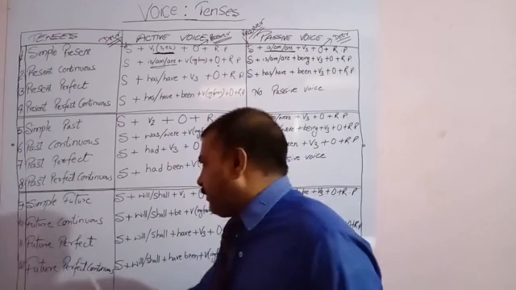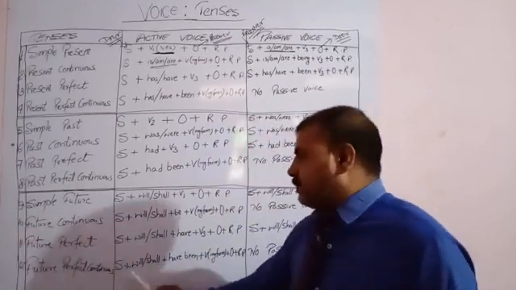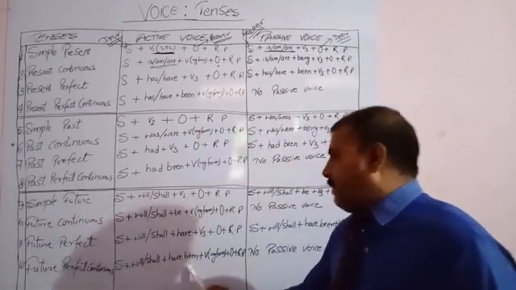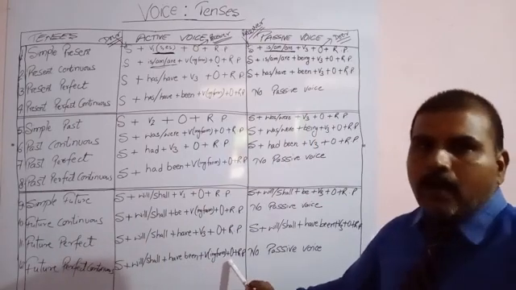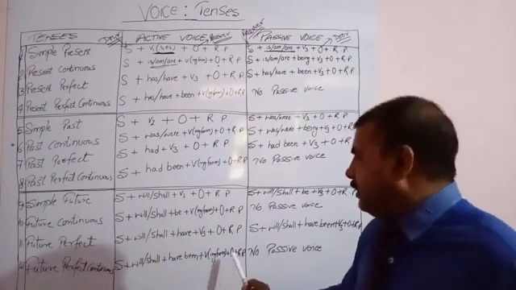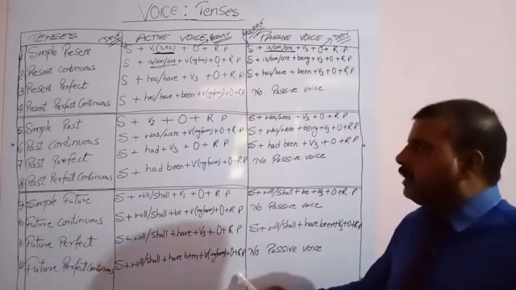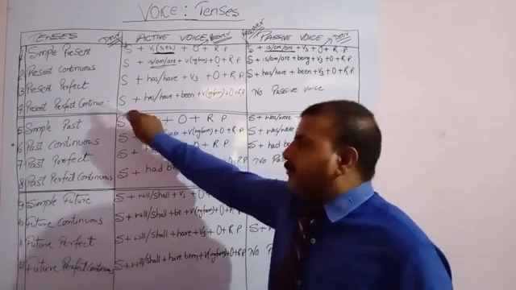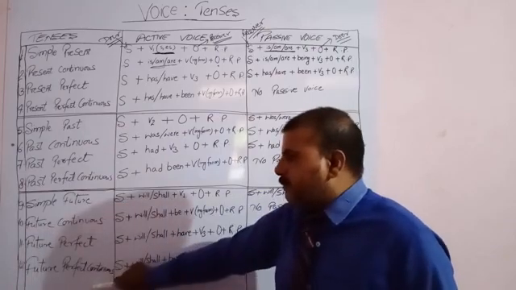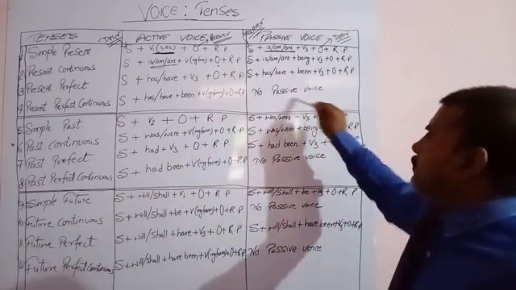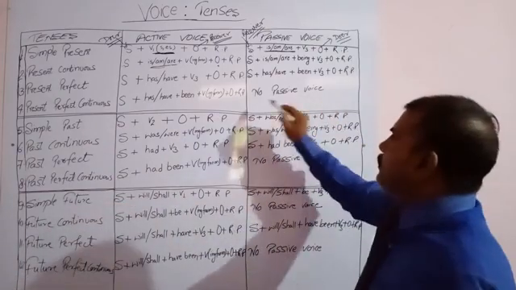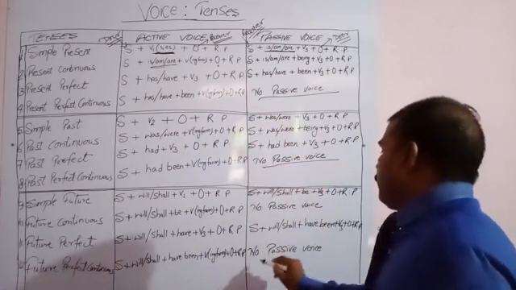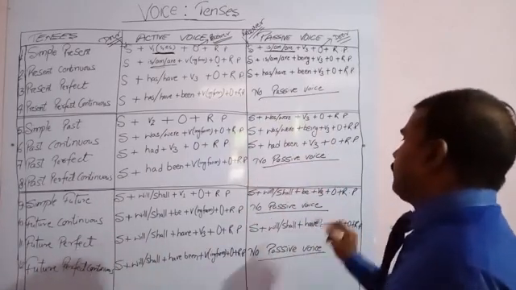Likewise, in future perfect continuous: subject, will or shall, have been, verb ing form, object meaning the receiver of the verb, remaining part if any. And for future perfect continuous, likewise present perfect continuous and past perfect continuous, as we have mentioned, there is no passive voice.